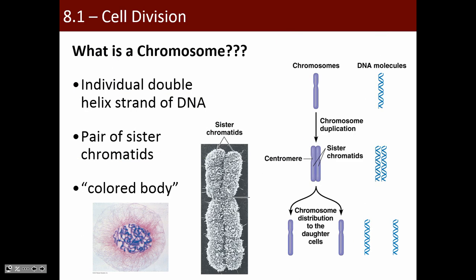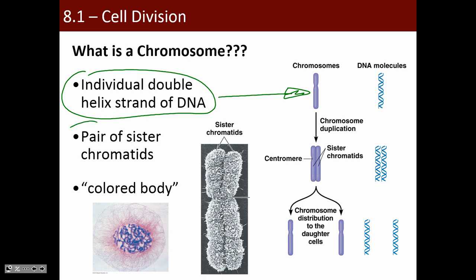So, what does it mean to be a chromosome? A chromosome is an individual double helix strand of DNA, right? So even when they're in their loose spaghetti configuration, each linear strand is a chromosome. It is still a chromosome when it packages up into its condensed tube form ready to travel.